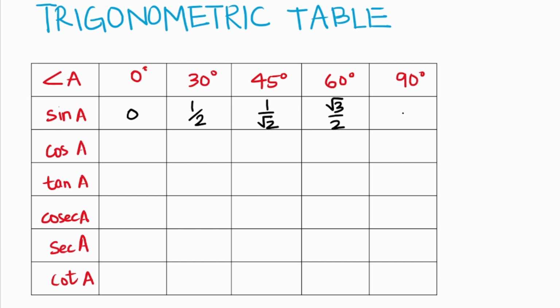And sin 90 degree is 1. You only have to learn the values of sine for 0, 30, 45, 60, 90 in order to completely fill this table, and I'll show you how. Before that, if you find it difficult to learn these values of sine, I will show you a trick to remember.